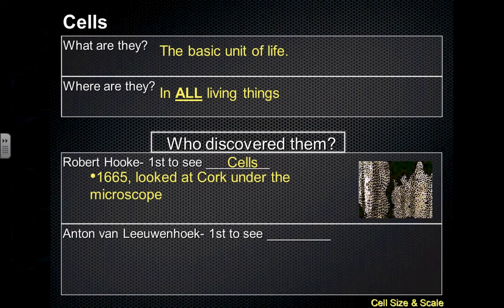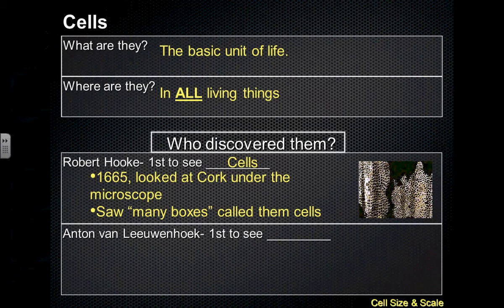When he took a very thin section of this cork, you could see it was made of a whole bunch of tiny little boxes. And he called those boxes cells. I've heard conflicting stories about why. Some people say they reminded him of the cells in a honeycomb.